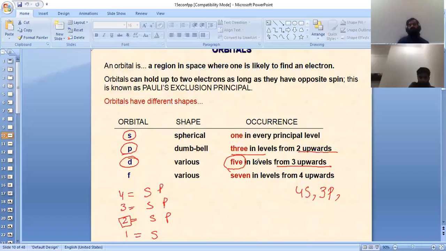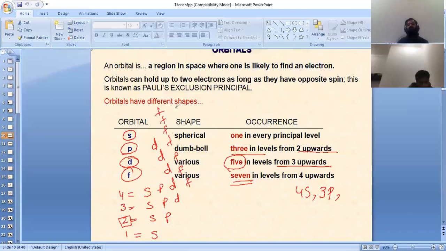They may have a 5th one, 6th one, but the total maximum is so far 5, 5d. They start from the third one, so D 1, 2, 3, 4, and 5. And F total are 7, starting from the fourth one. So F 1, 2, 3, 4, 5, 6, 7.